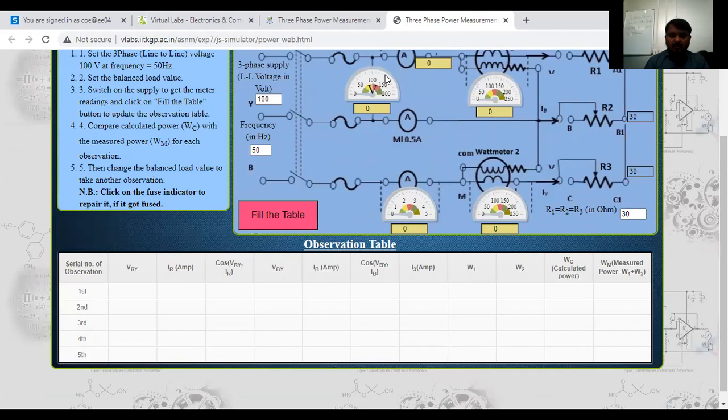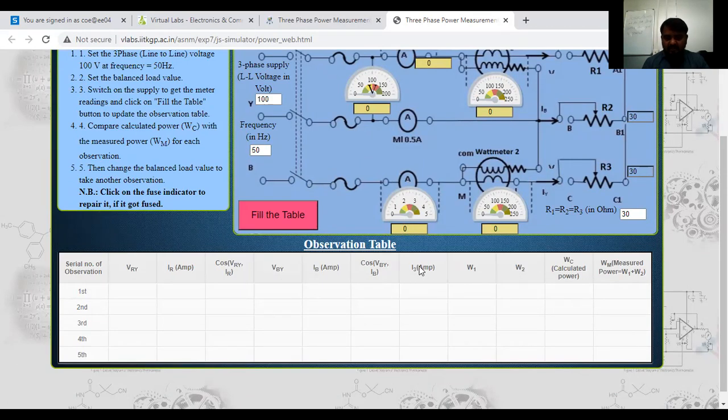VRY is nothing but line voltage. This one, IR, phase current, and cos, this is the power factor they have used here. And this is VBY, this voltage, and IB. For each phase voltage, phase current they have used here. This voltage also, one voltmeter and ammeter they have used, and power factor, and I3 ampere.